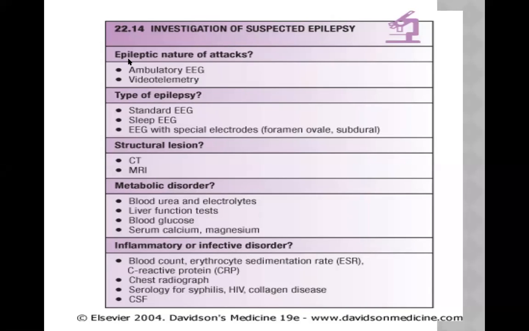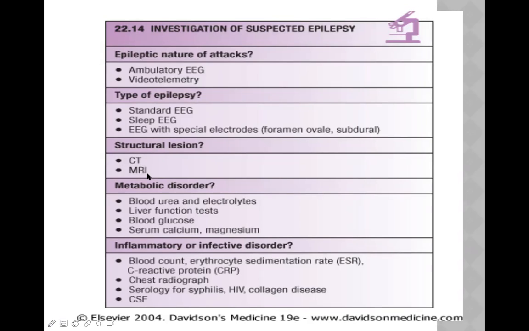This is known as video telemetry. So if a seizure comes there, we exactly know what type of seizure it is. Now the type of epilepsy is also known by EEG, as we already talked about.